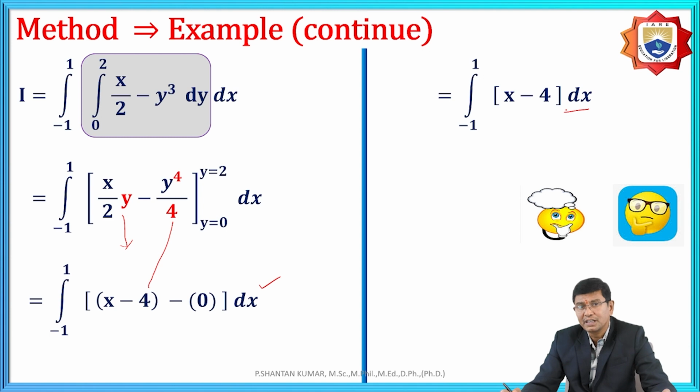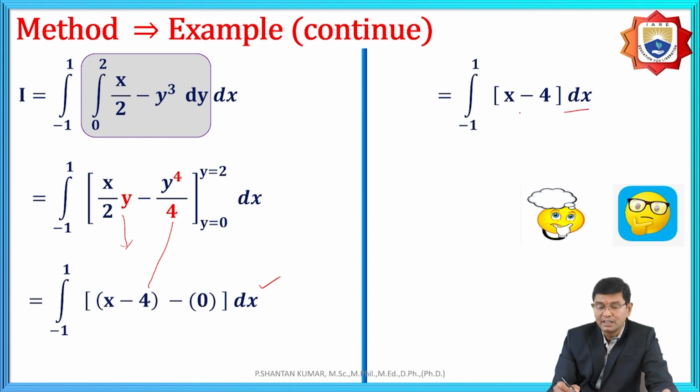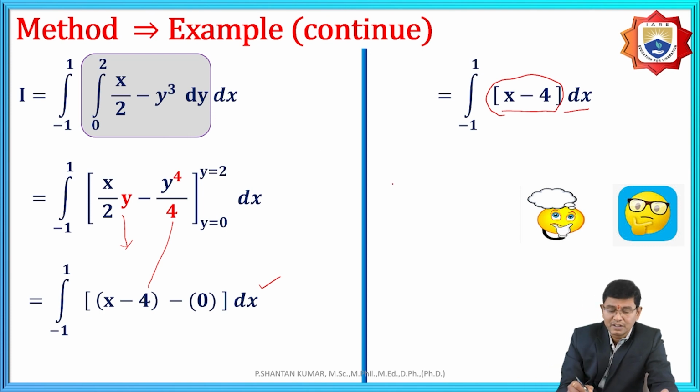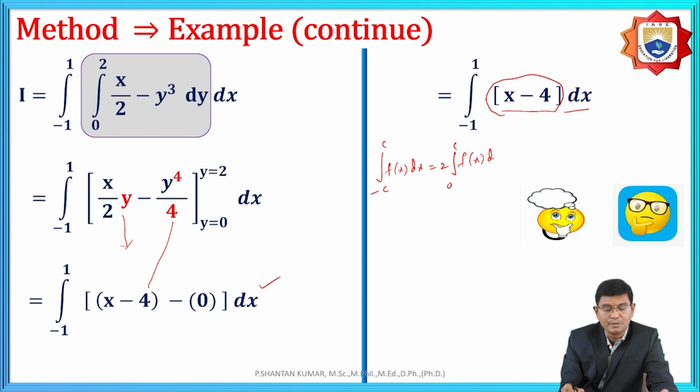While we observe here, the function x minus 4 is an even function between the limits minus 1 and 1. That means we know one of the important formulas: whenever the function is even between minus c and c, we change it to 2 times the integral from 0 to c of f of x dx.